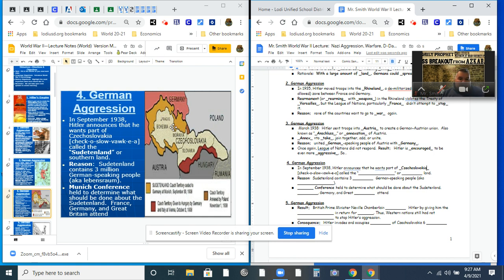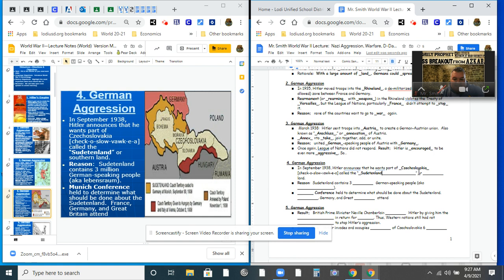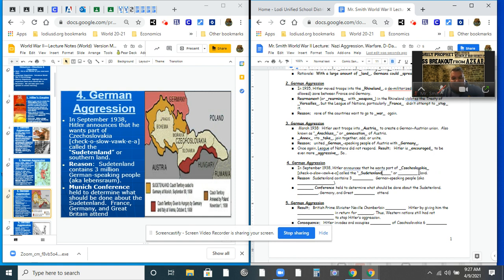There's a region of Czechoslovakia. See the part in orange here? That's called the Sudetenland. That is code for Southern land in German, I believe. And guess what language they speak? A bunch of people there speak German. And so the Nazis say, well, they speak German.